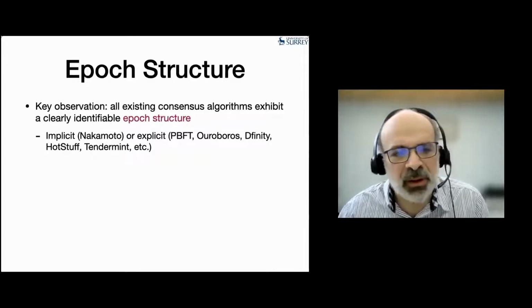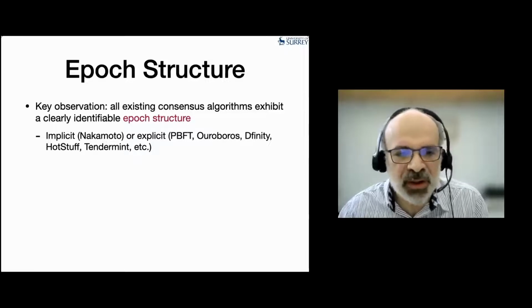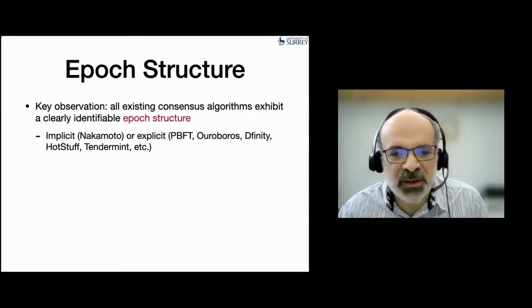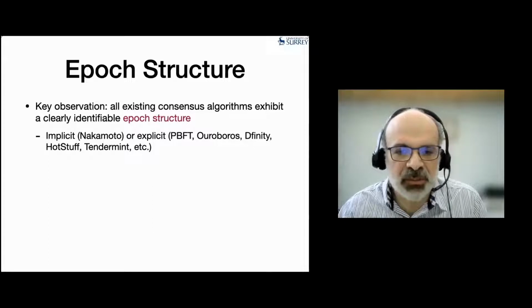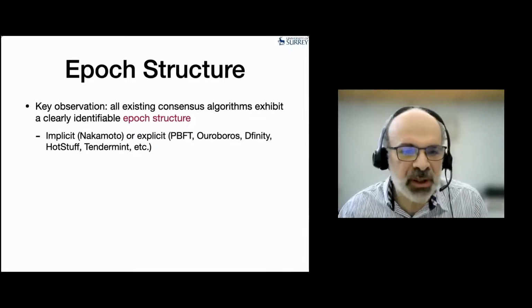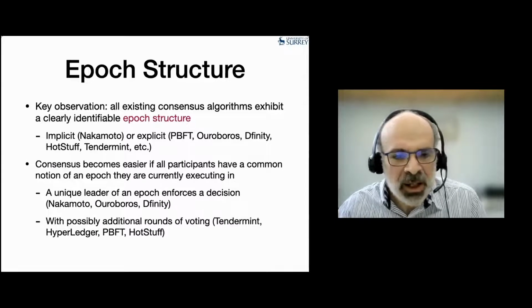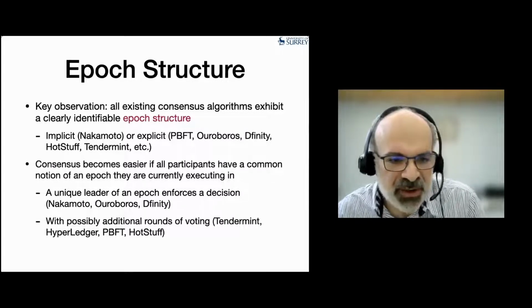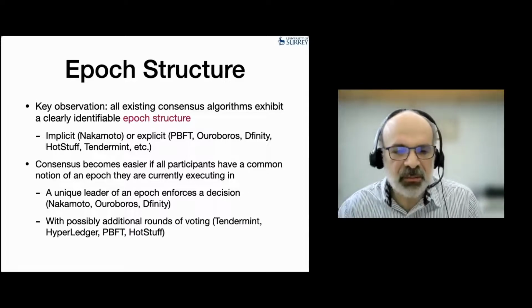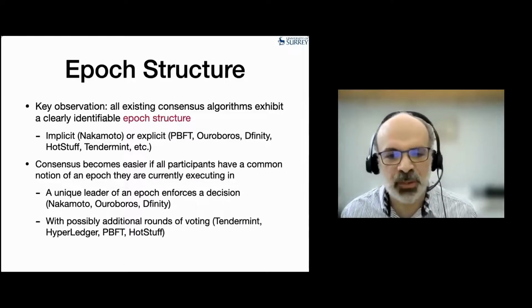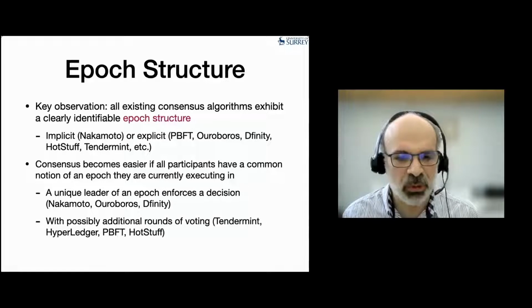These epochs are implicit in Nakamoto consensus, or explicit in other protocols such as PBFT, Ouroboros, Dfinity, HotStuff, Tendermint, etc. Another follow-up observation is that consensus becomes much easier if all participants have a common notion of the epoch they're currently executing in.